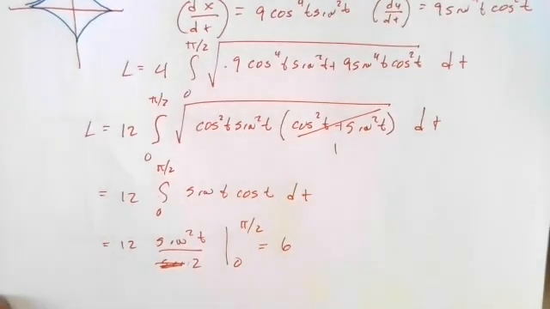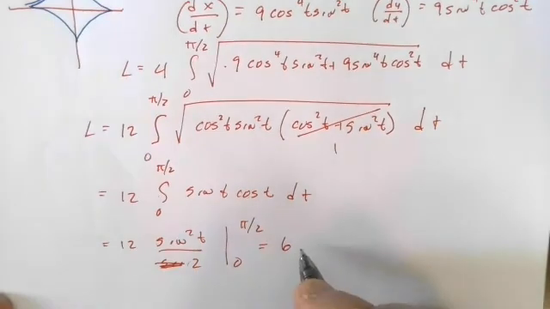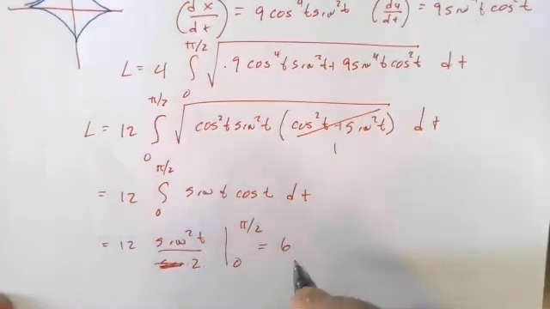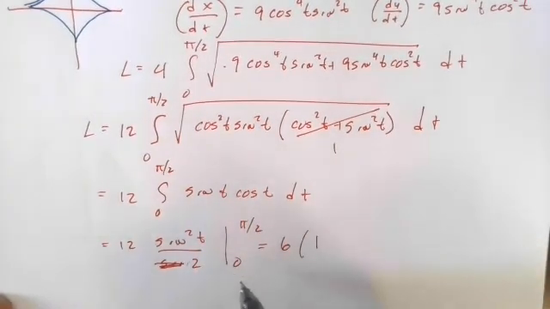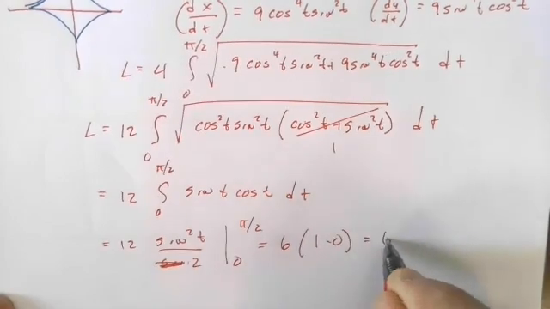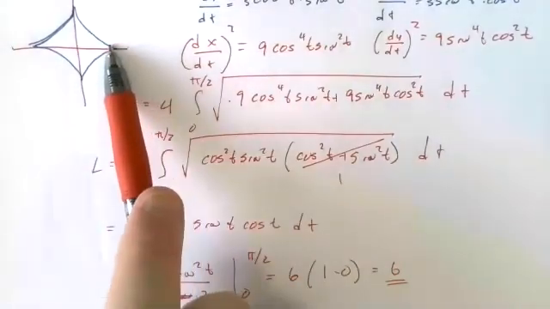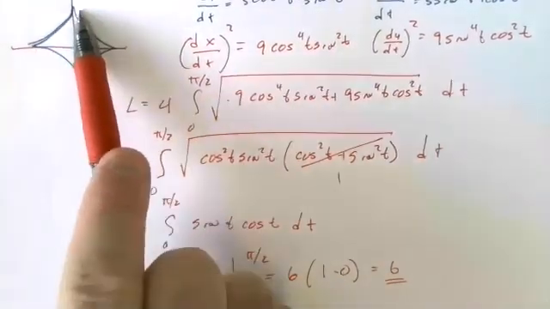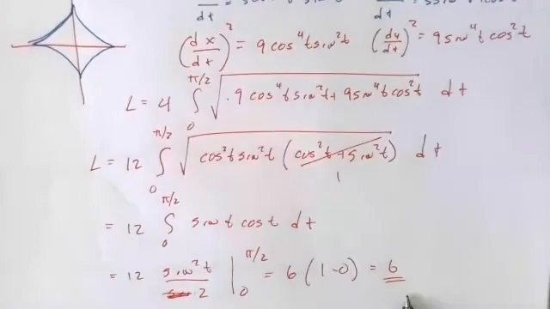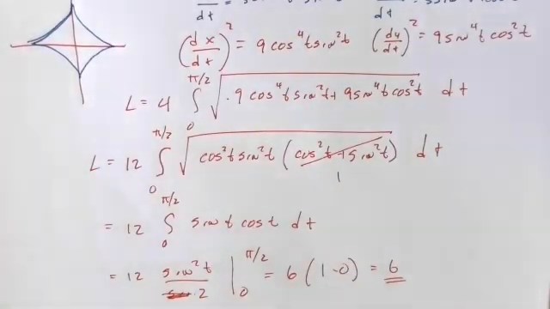All right, I have a little confusion here. No, I'm good. Sine of pi over 2 is 1. Sine of 0 is 0. 6. How crazy is that? Exact distance of this is 6: 3 halves, 3 halves, 3 halves, 3 halves. Adds all up to 6. Cool math.